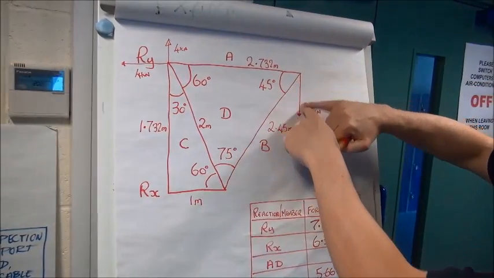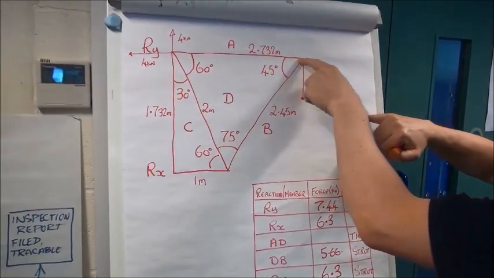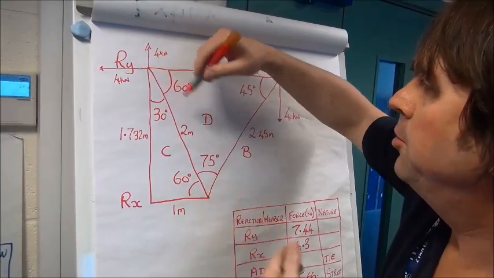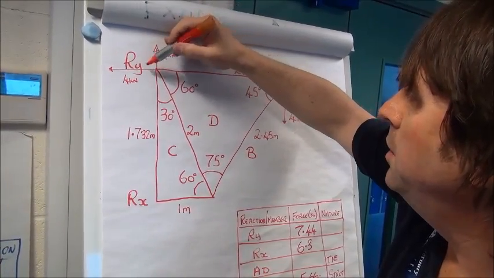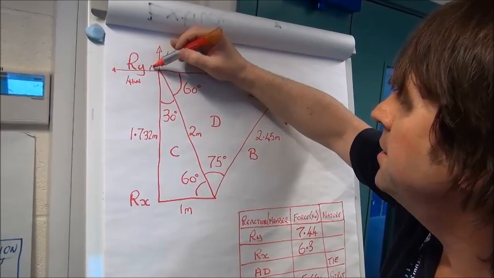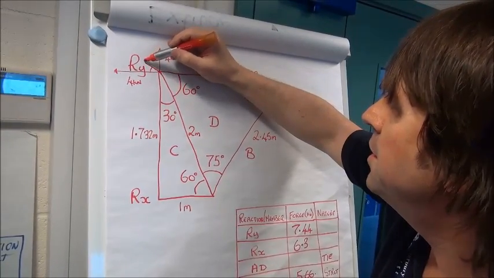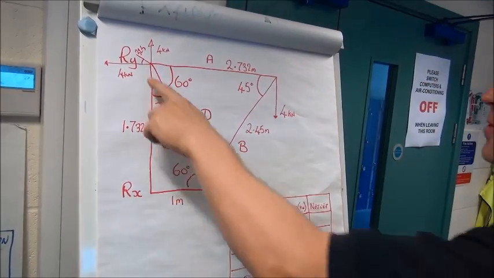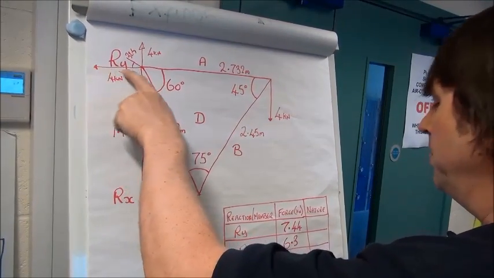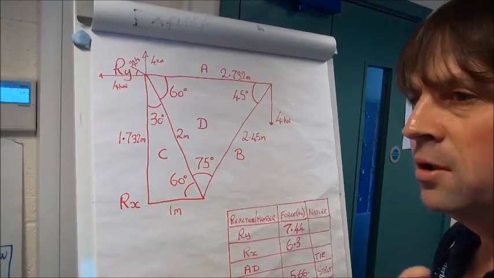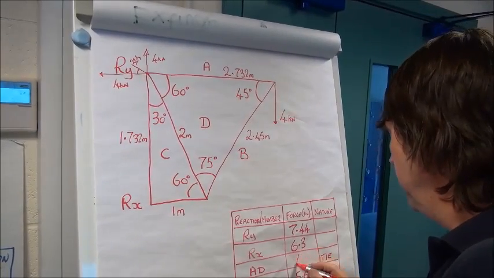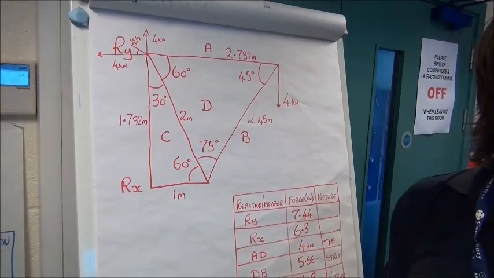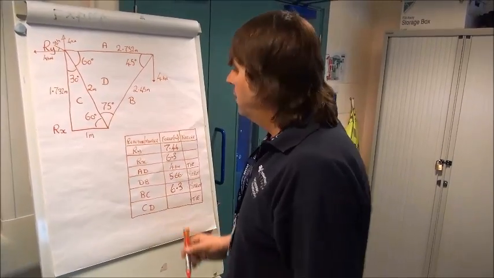This 4 kilonewtons is pulling directly against this horizontal component here. If you were to apply your trig, you know that this angle here at the reaction RY is 32.5 degrees. When you apply your trigonometry to that, you will find that this horizontal component is equal to 4 kilonewtons. I'll let you do that because I'm bored of it.